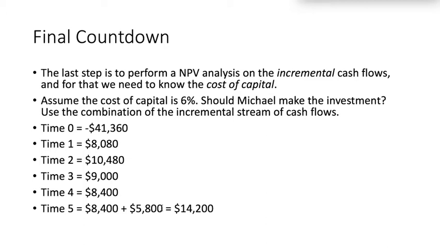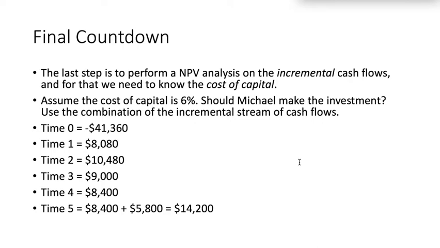Right? And so essentially what we're doing here is a NPV analysis where we input all of these cash flows into the calculator. We have to also input a cost of capital, and in this case we're going to assume 6%. And it's going to tell us what the net present value of the project is.